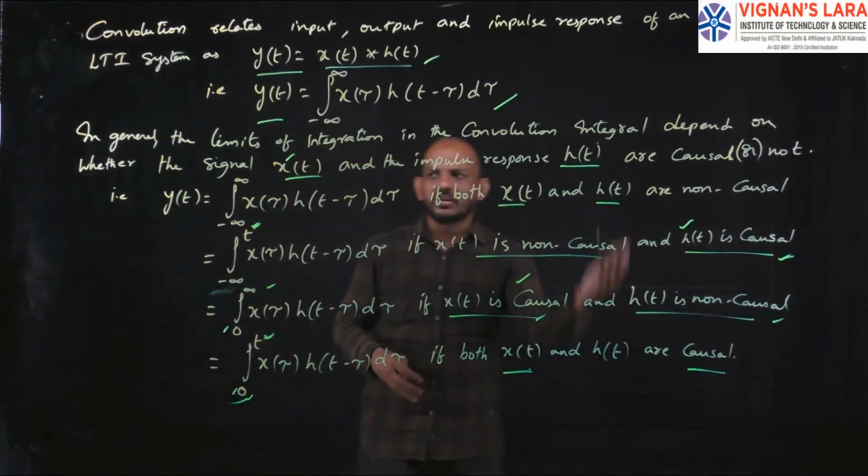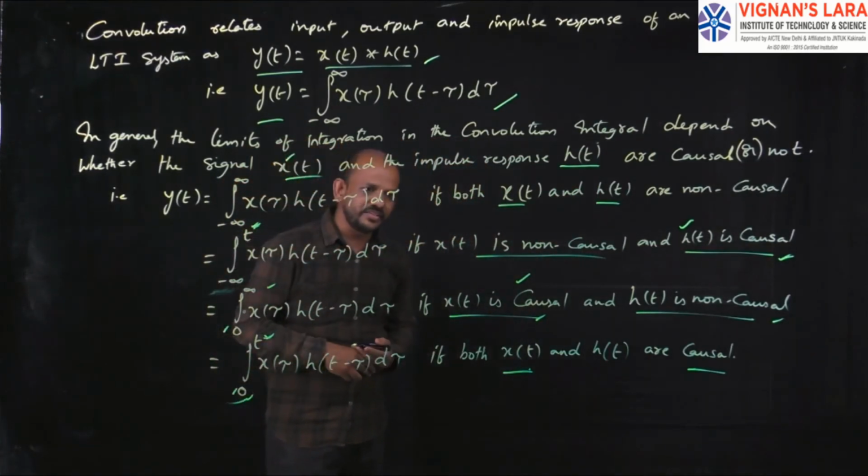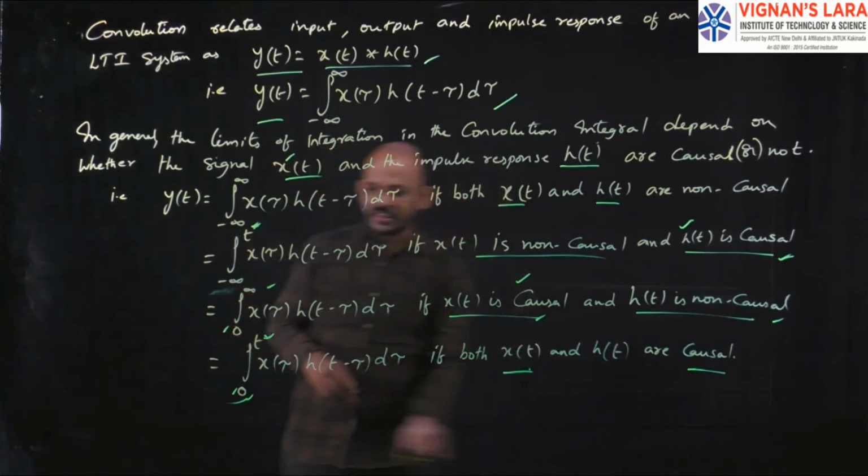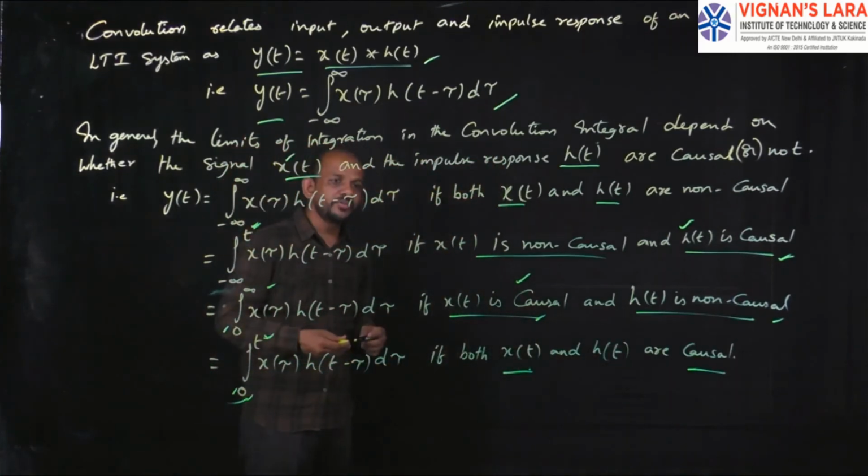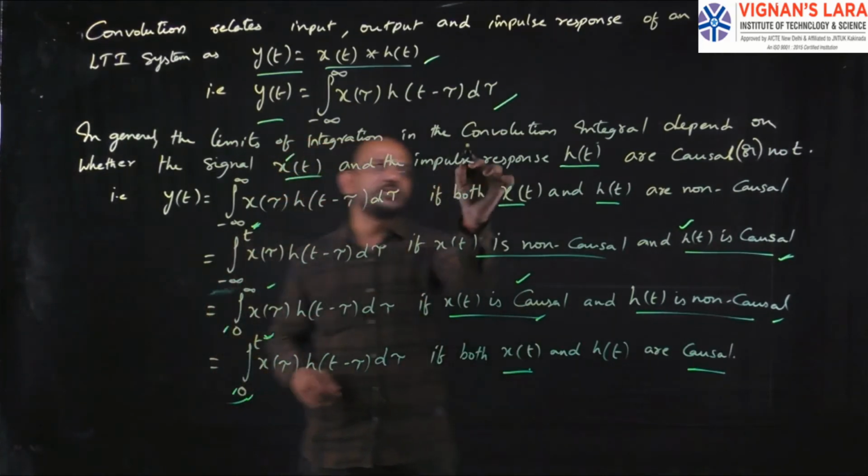Both are non-causal, that is from minus infinity to plus infinity. Both are causal, that is from 0 to t. So in this way we can easily remember the limits of the integration in the convolution integral.